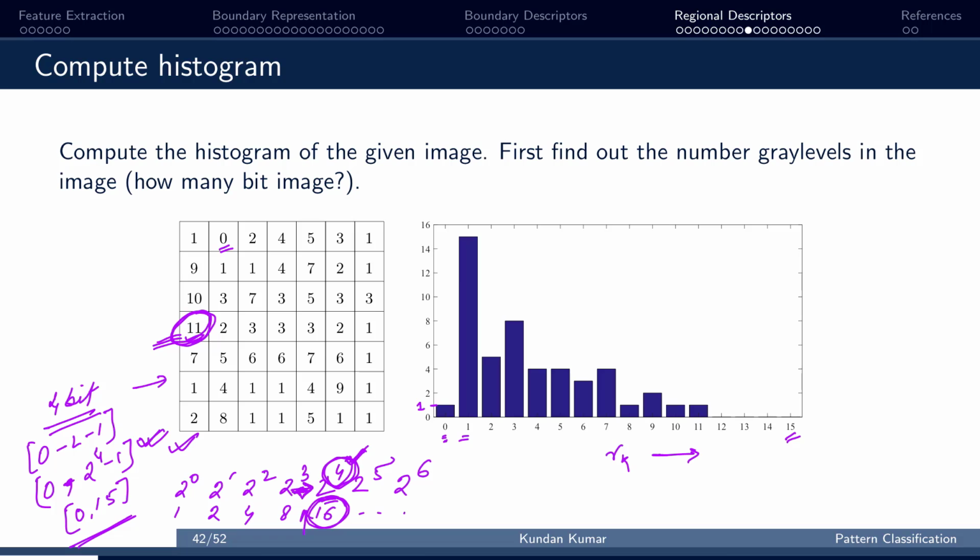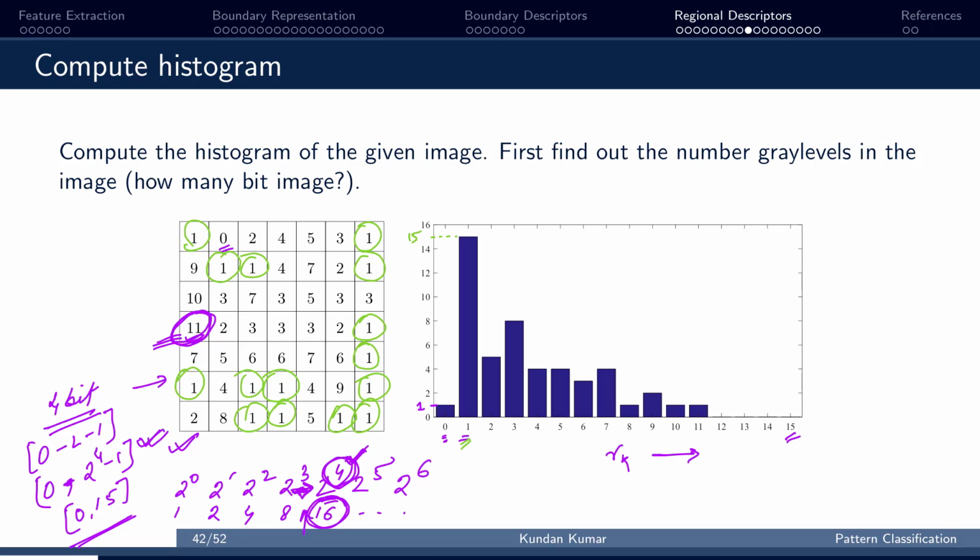So let us count that: 1, 2, 3, 4, 5, 6, 7, 8, 9, 10, 11, 12, 13, 14, 15. So that is why the height of this bar is 15 at intensity level 1.